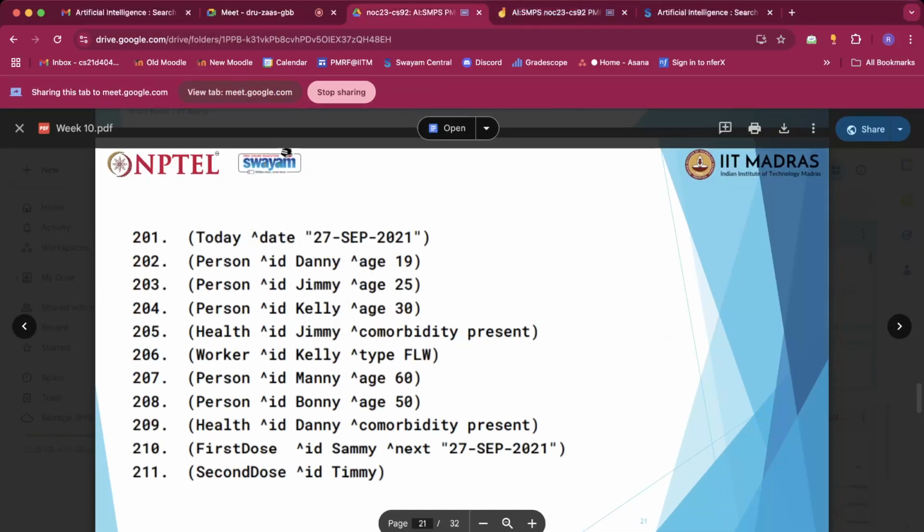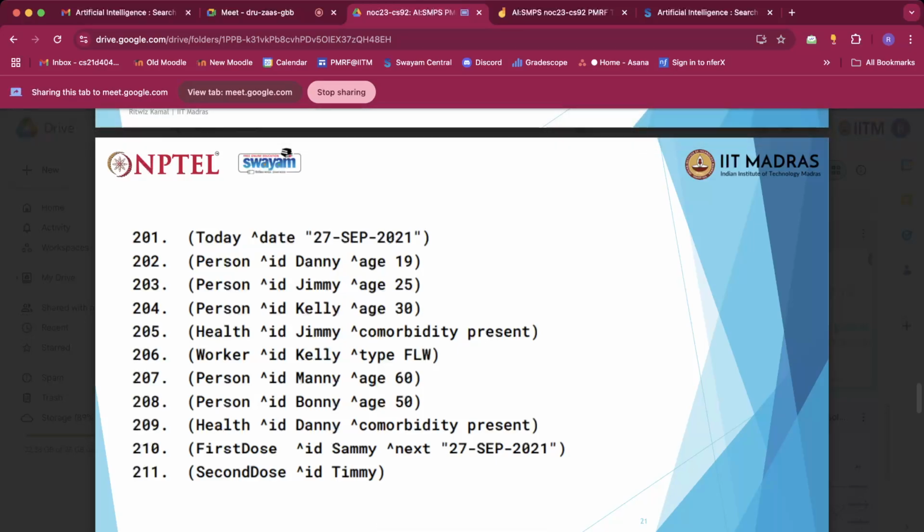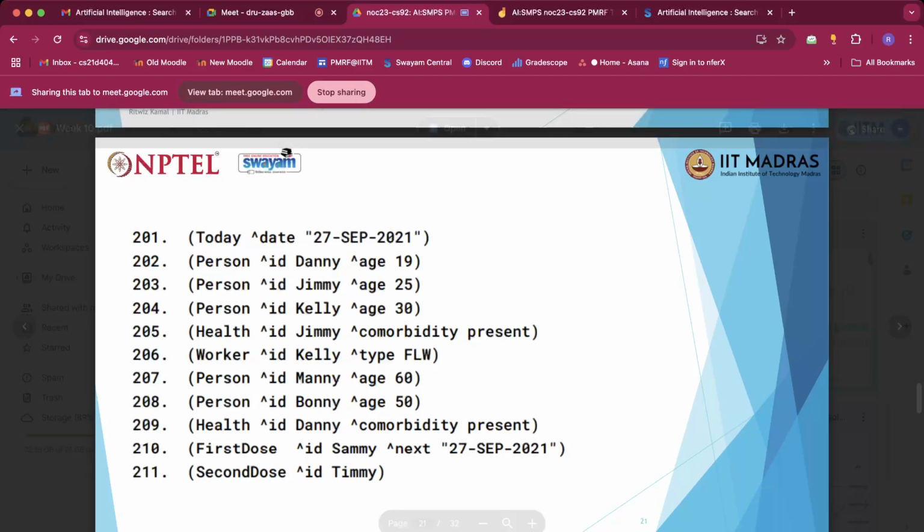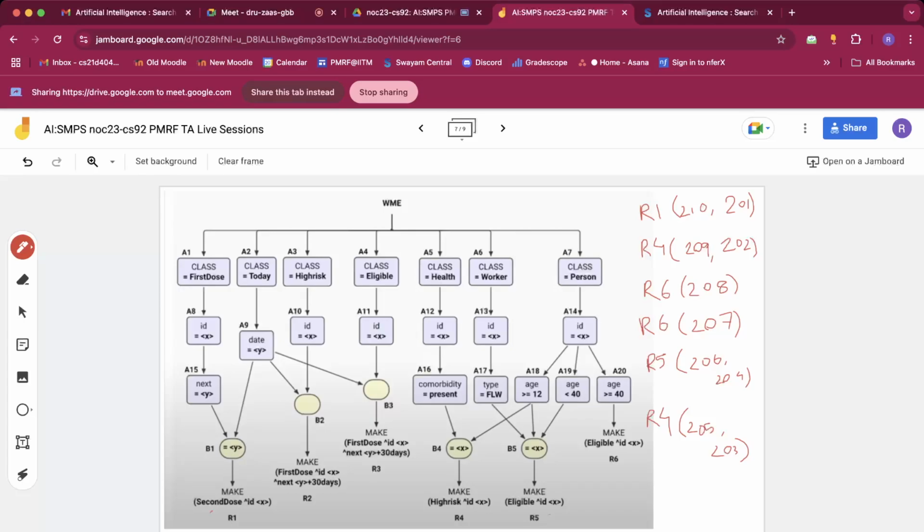This tells us first dose for a person with ID Sami, and next dose is on 27 September 2021, and today's date is 27 September 2021. So that follows this line of reasoning, and we can add this one to working memory. This is an example of firing or selecting rule 1. Similarly, other candidates are mentioned on the right hand side over here.